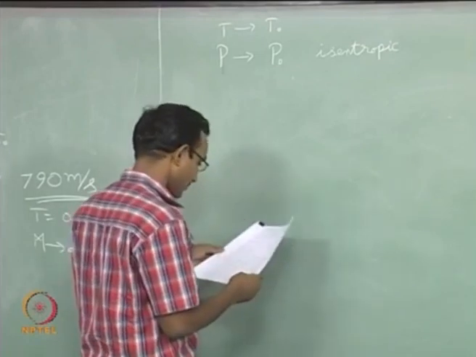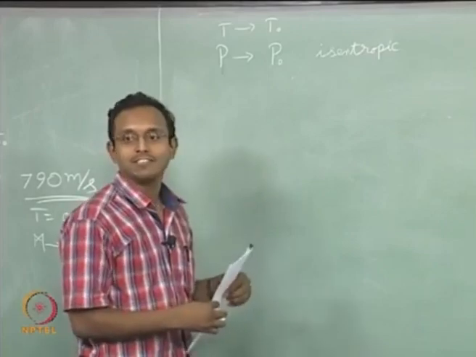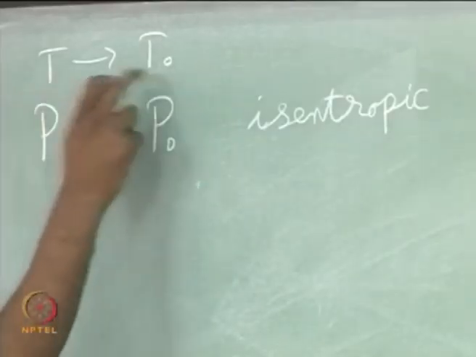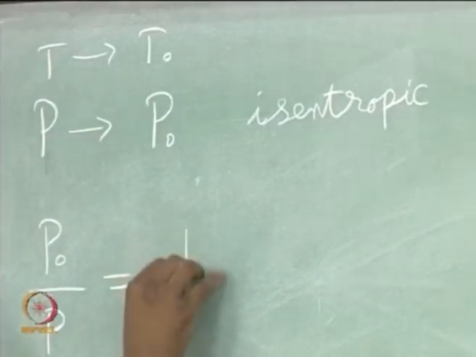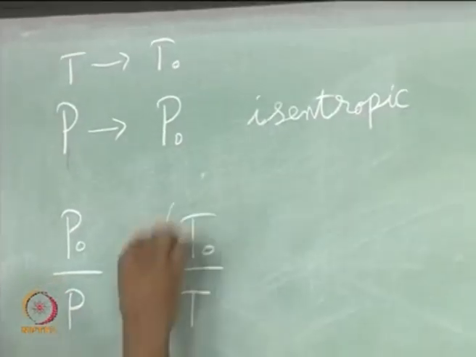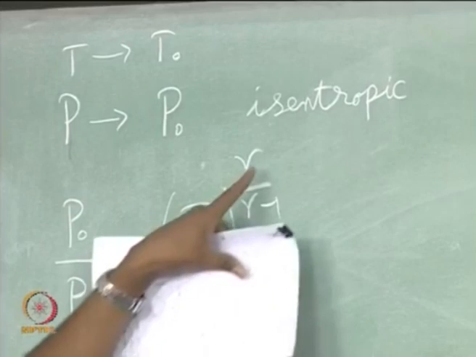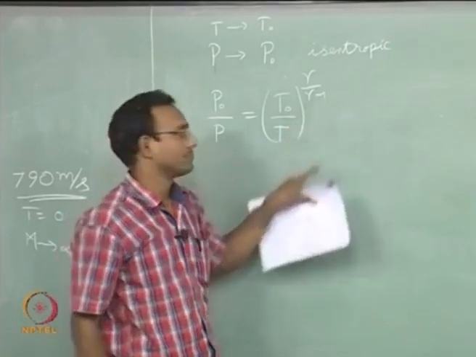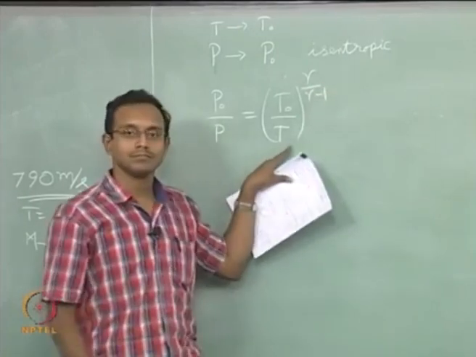So now we will say that there is some such thing. If this is the case, now I can write a relation for this process in terms of T. Actually it should be Cp by R, which I am replacing by gamma minus 1, okay. I am getting this form. How did I get this? Where did I get this from?